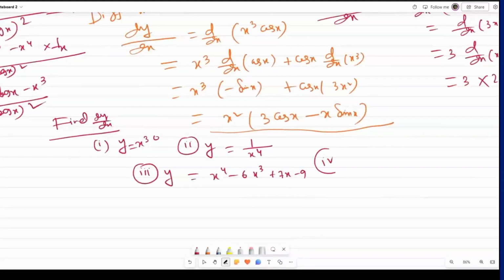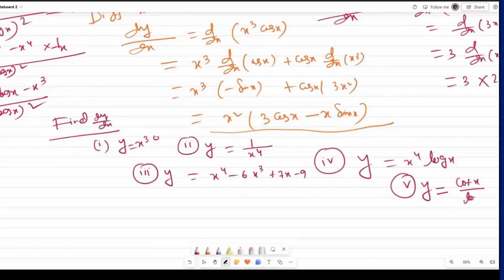And then y equals... just practice some, maybe very simple problems, but need to do. And then y equals cot x by log x. These 5 sums you'll be doing. Okay, just do practice.